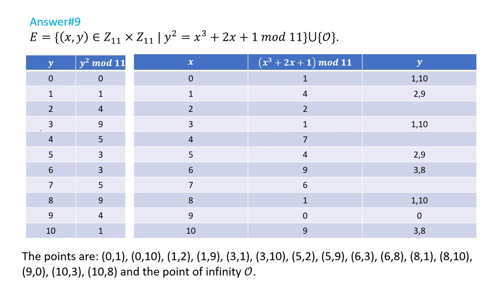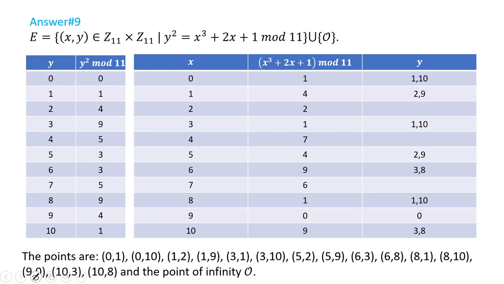So you first determine the square modulo 11 for all the elements between 0 to 10. On the left hand side you can see y and y square. So for y values of 0 to 10, you compute y square mod 11.